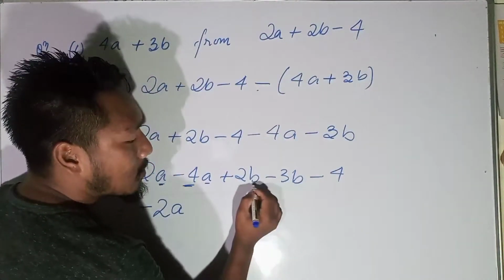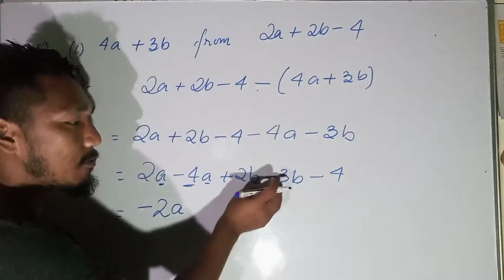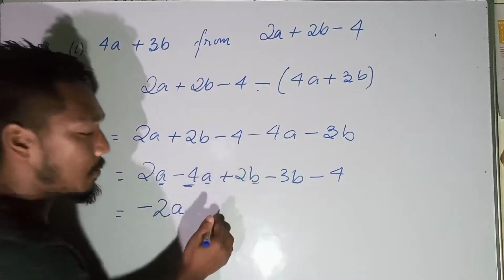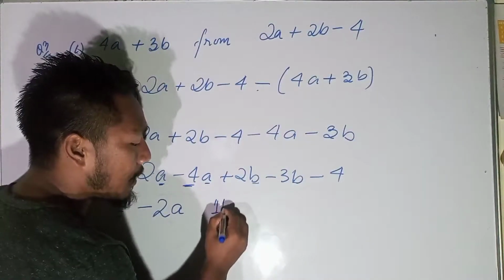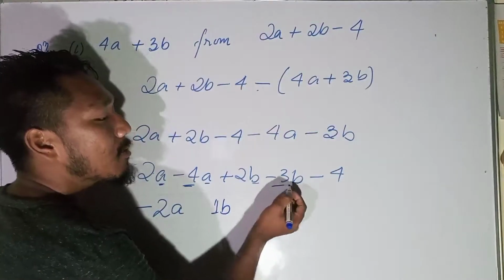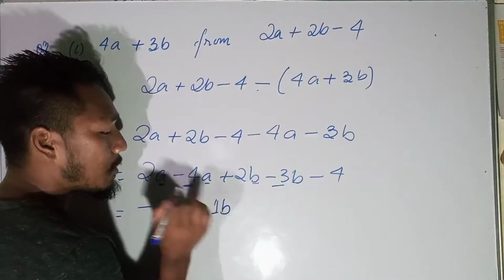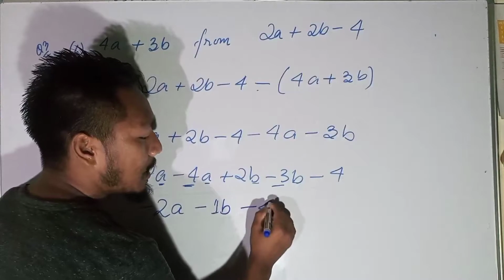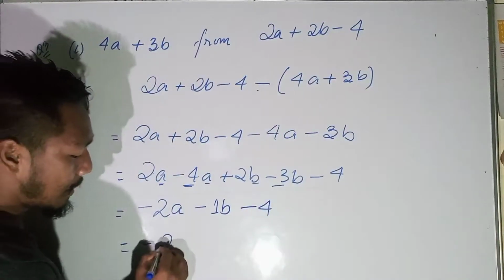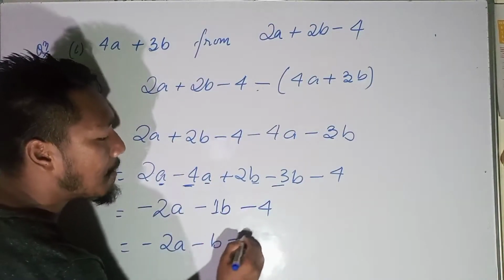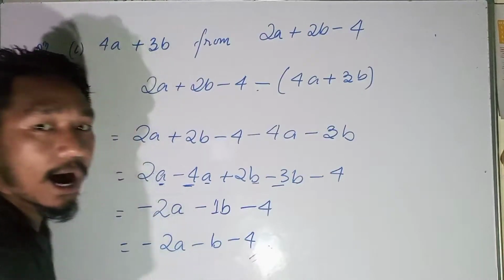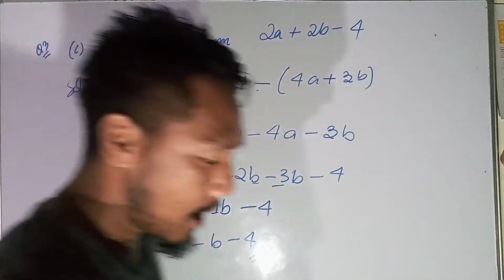Here also b and b are the same, so we subtract only the numbers. 3 minus 2 becomes 1b, and since 3b is greater than 2b, we put a minus. So our answer is minus 2a minus b minus 4.